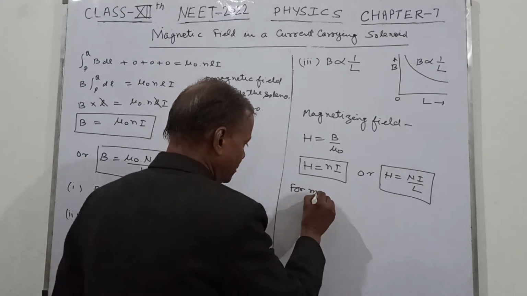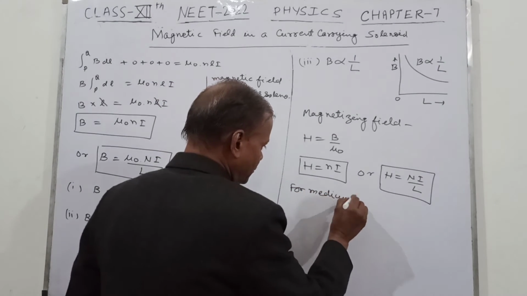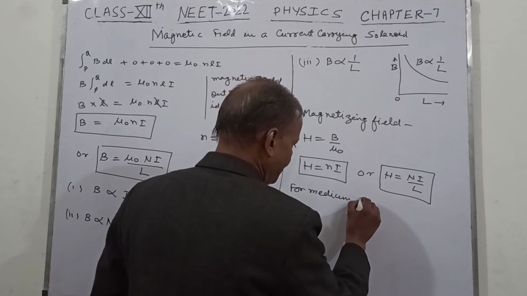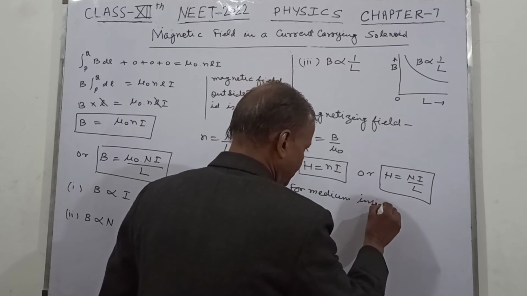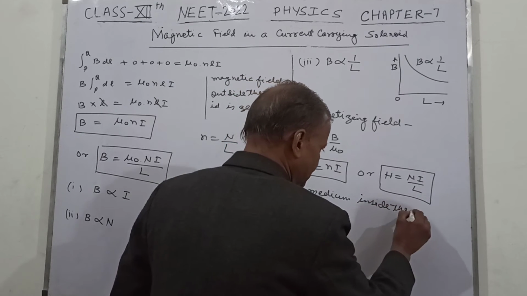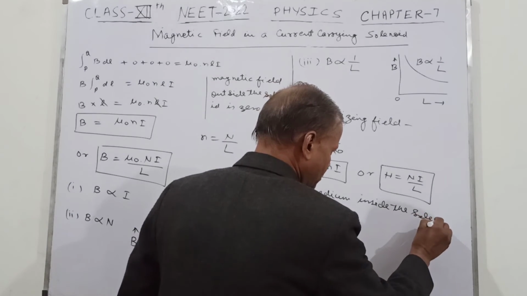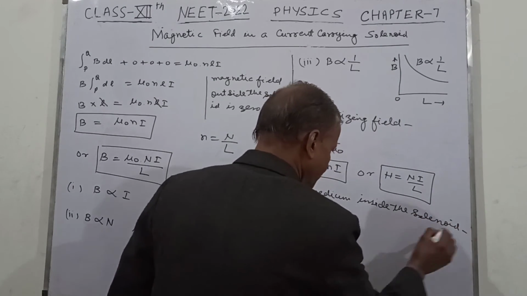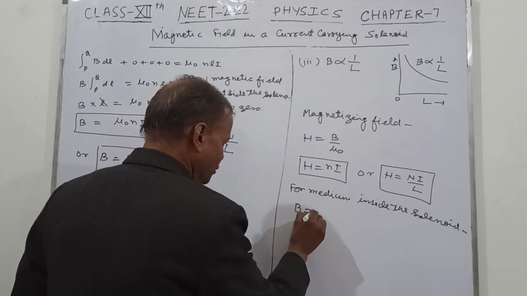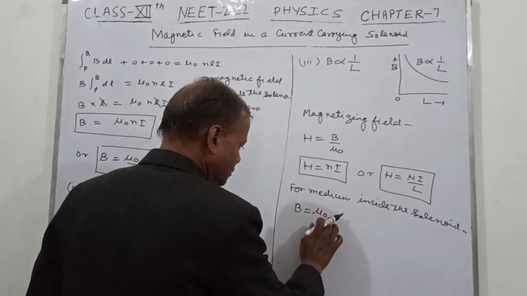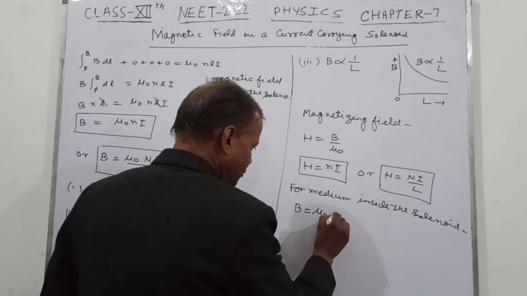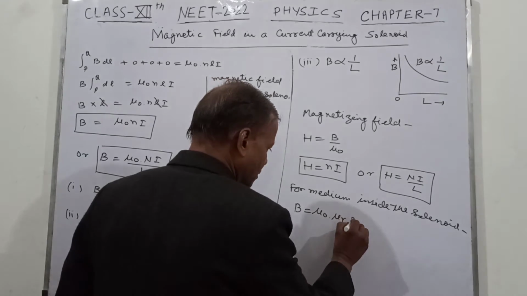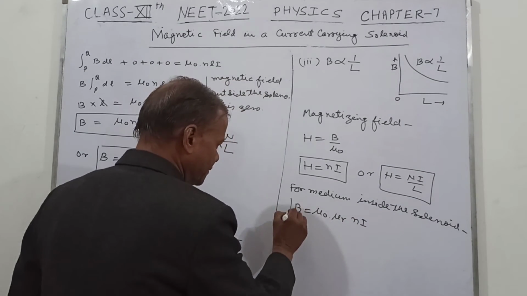For medium inside the solenoid, B equal to mu naught into mu r Ni.